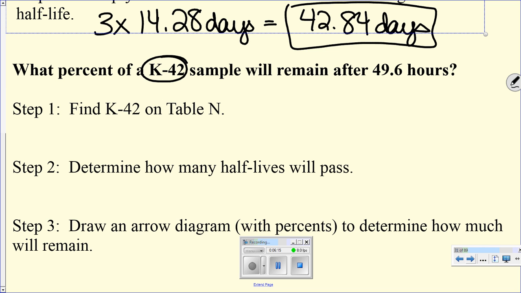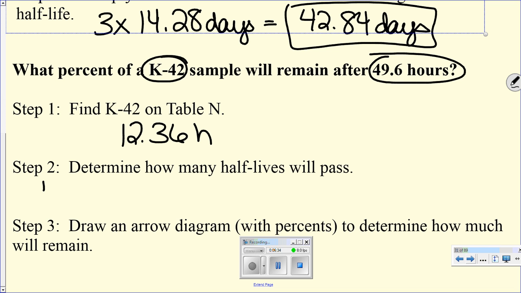Finally, what percent of K-42 in a sample will remain after 49.6 hours? So we look up potassium-42 first. You have to be careful, there are 2 potassiums on here. It has a half-life of 12.36 hours. We're wondering how much of this is going to remain after this many hours have gone by. So we need to determine how many half-lives passed. Again, total time over half-life length.